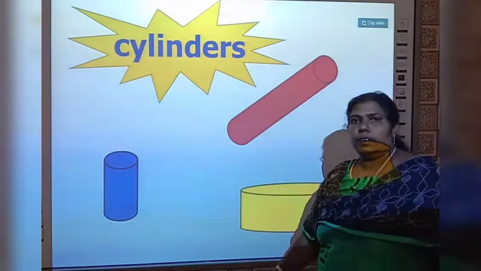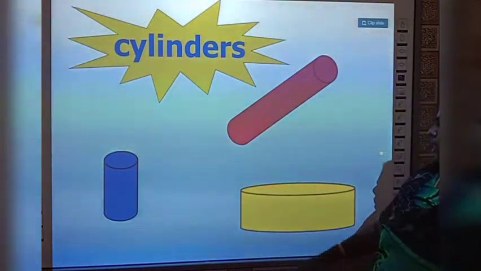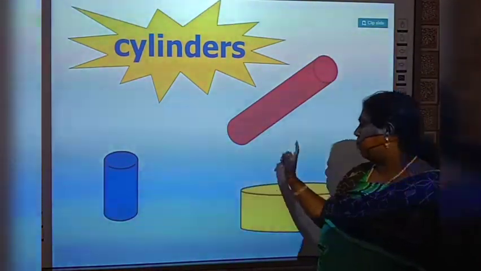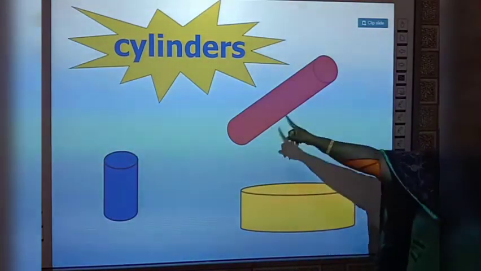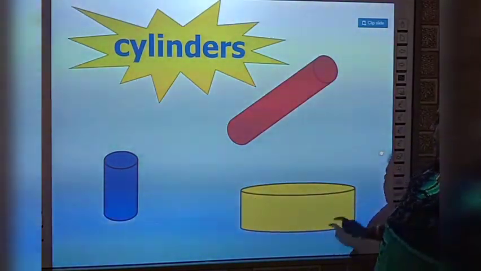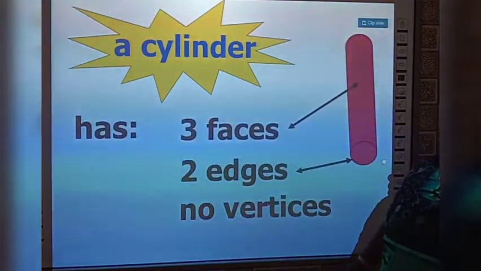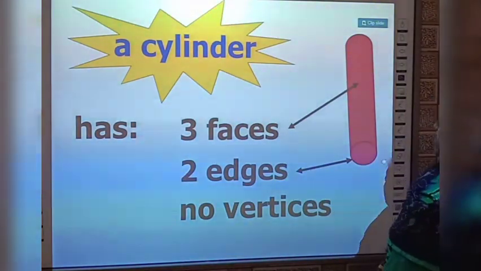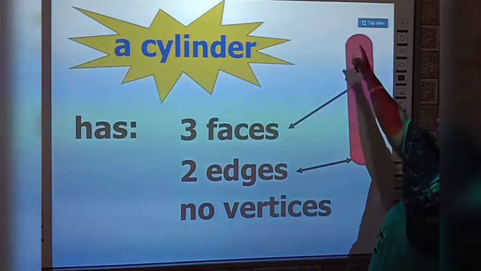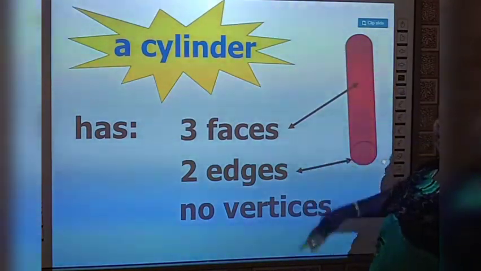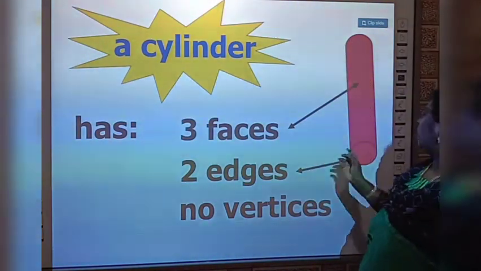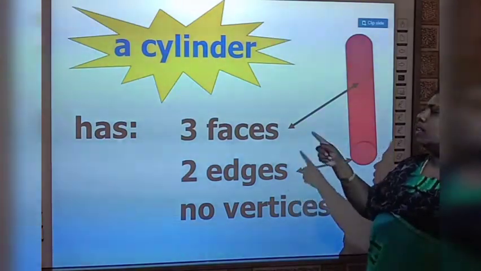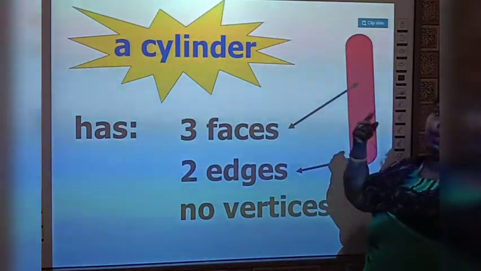This is a cylinder. See the cylinder shape, how it will be. This is the one, and these 2 are also cylinder shapes. A cylinder has 3 faces. How? There are 2 flat faces, upside and down, then this is the curved face.